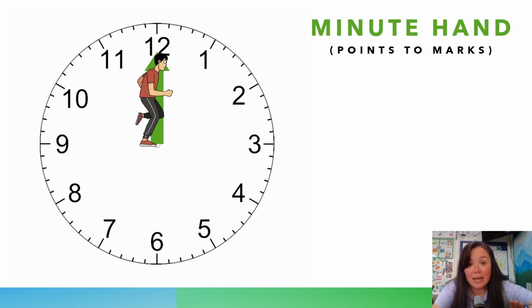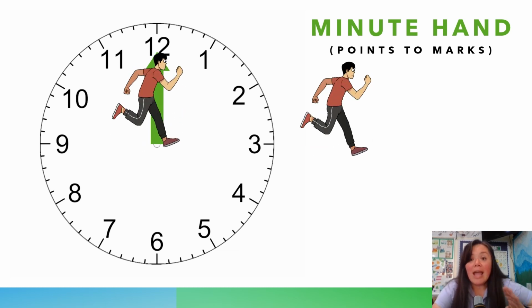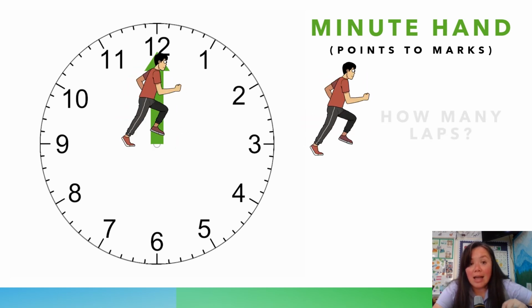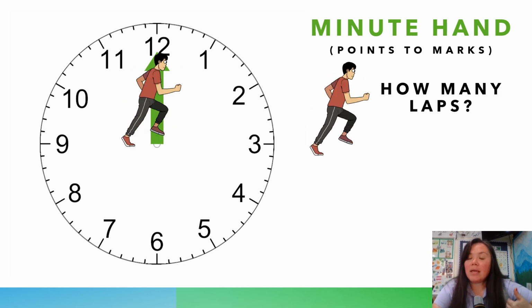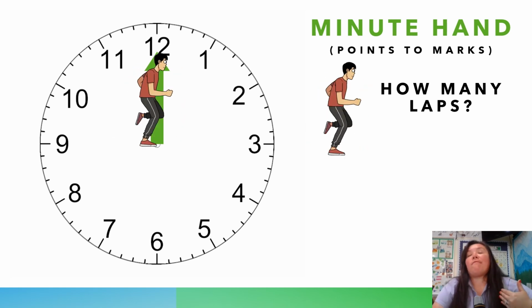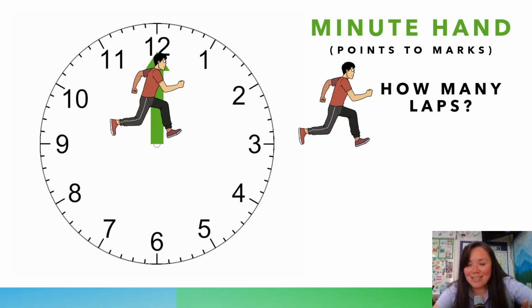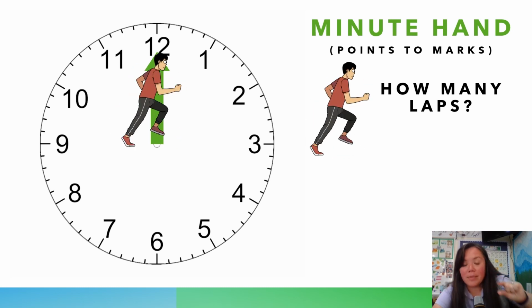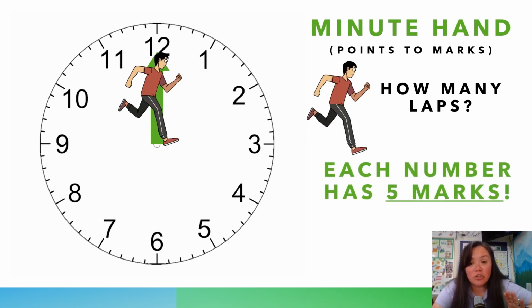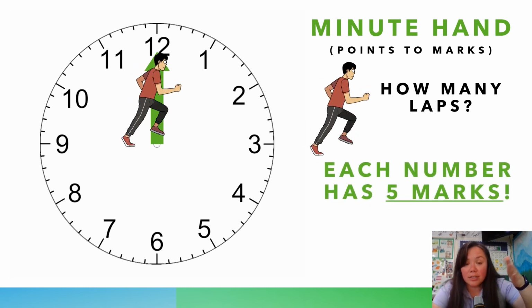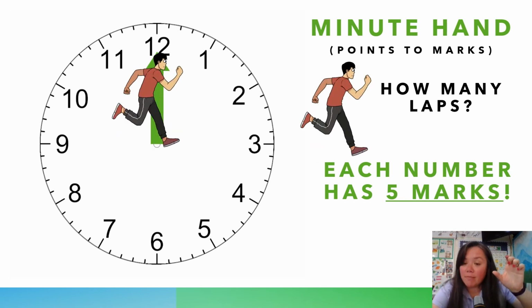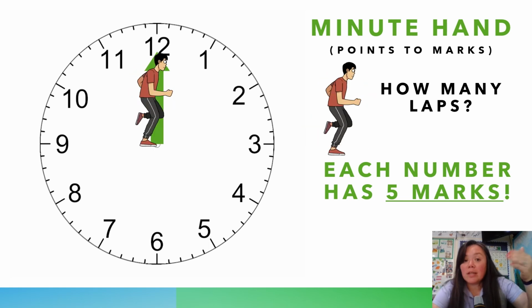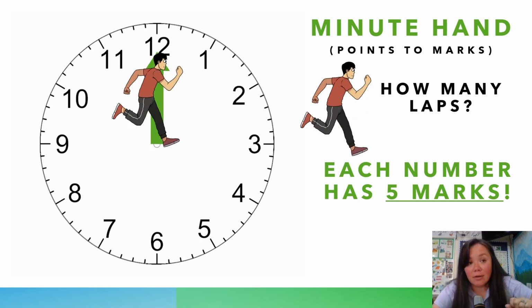He's running quickly. And as he runs, I ask myself, well, how many laps has he also completed? Because he goes 5 times almost as fast as this poor little short guy. And if you remember, each number has 5 marks to complete to each one, like each 1, 2, 3. There's 5 marks in between. So we can really count by 5s as we are counting our minutes.